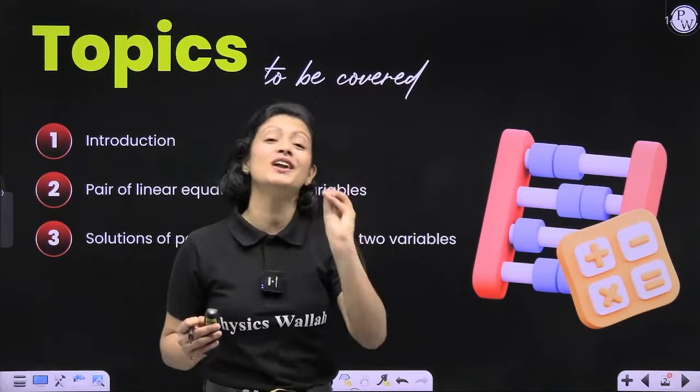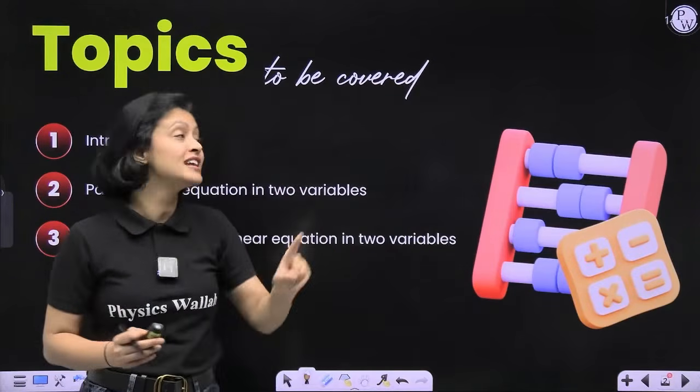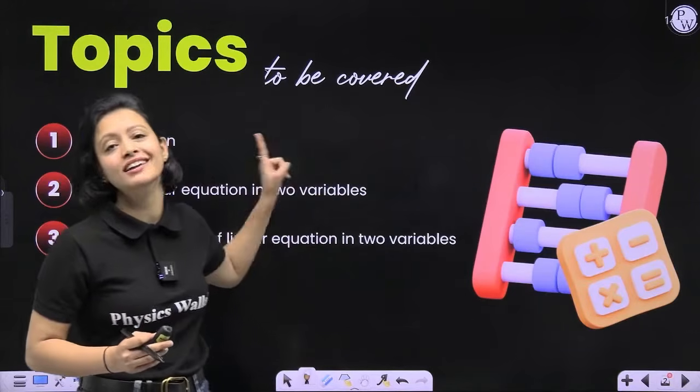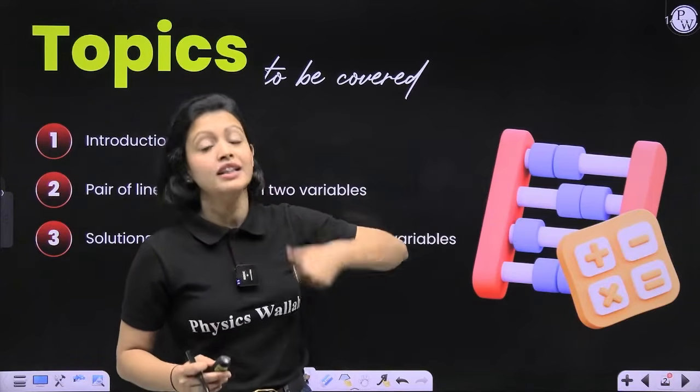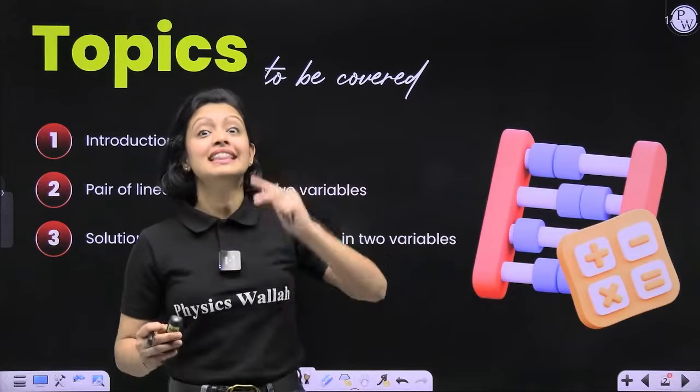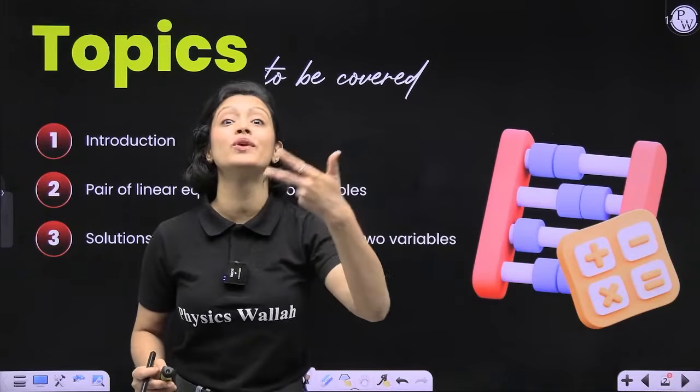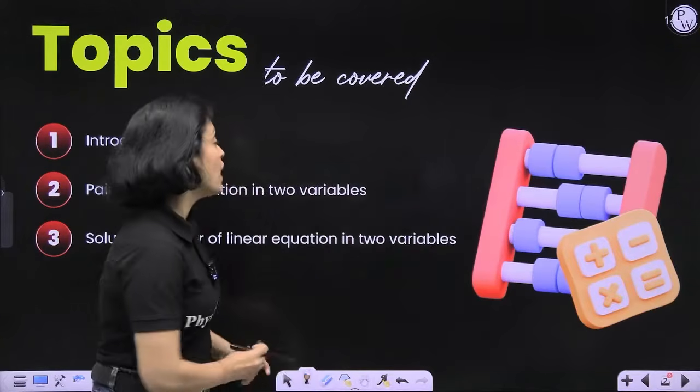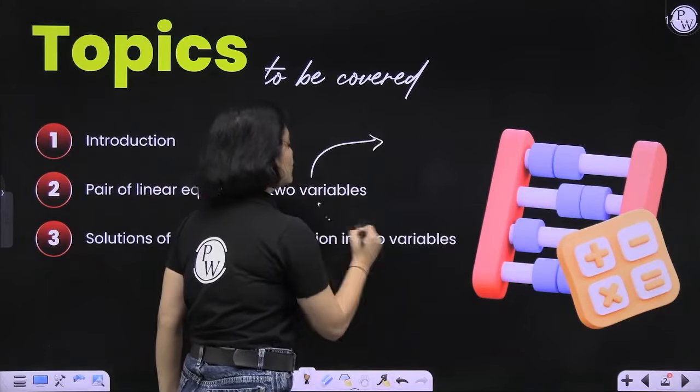So yes, what are those concepts guys? The first thing is, what are linear equations in one variable, then what is a linear equation in two variables, then what is the pair of linear equations in two variables, right? Now under this we have two important things.